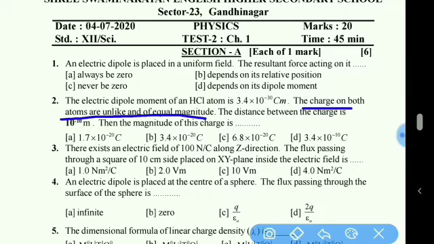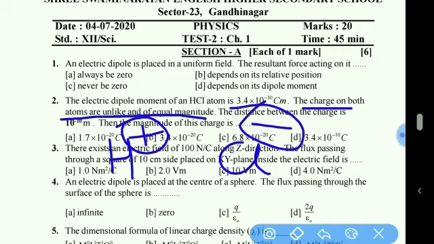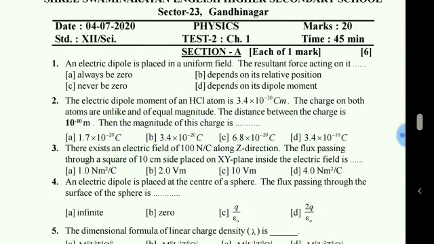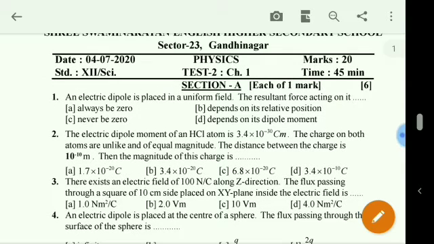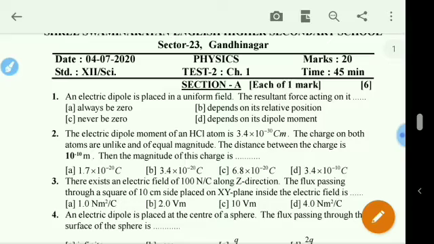That is, here it will be H plus and Cl minus, so the charges on these will be equal in magnitude and opposite in direction. Also, the distance between these two charges, H plus and Cl minus, is given, which is 10 raised to minus 10 meter, and we want to find the magnitude of the charge.